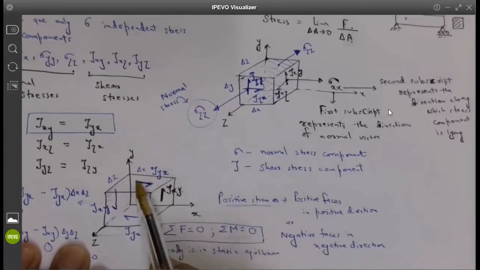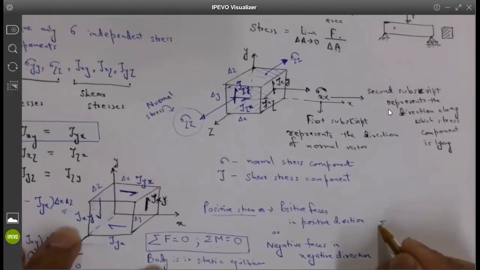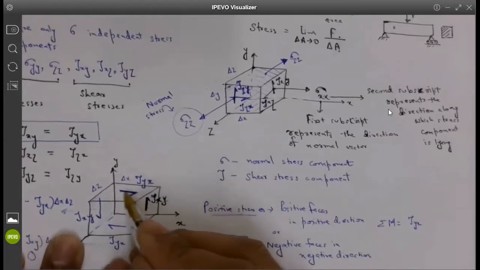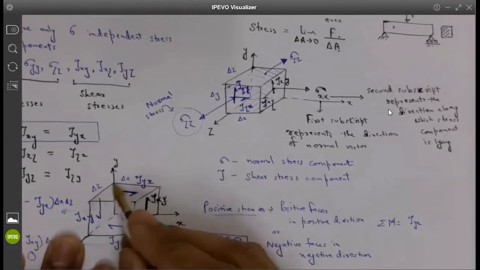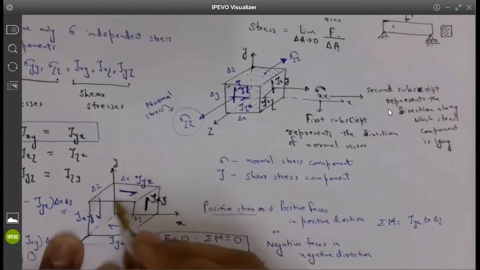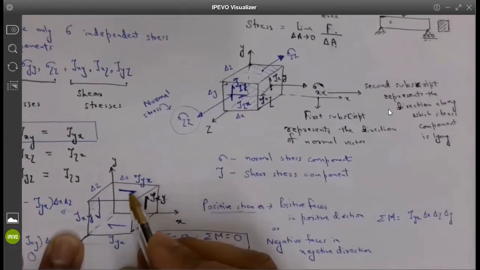And the force, we know, is tau yx. So the moment equation is tau yx, the stress, times the area. Area is delta x times delta z. That will be the force. Force times distance. Distance is this vertical distance, delta y. So that is the moment due to this stress component, right?